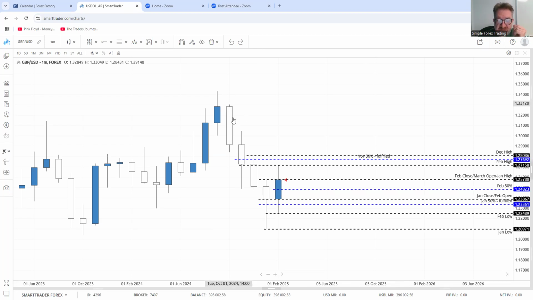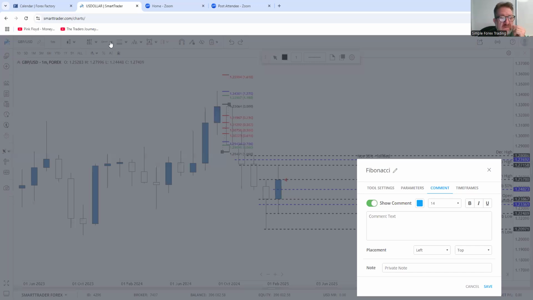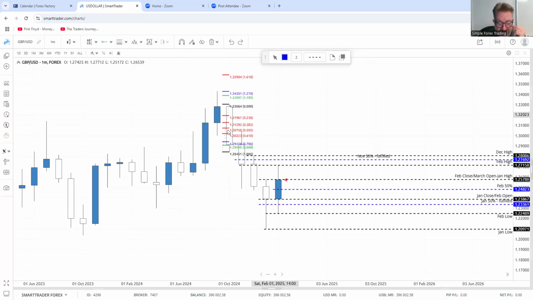Now let's look at this one right here. See if that one's fulfilled. Percent is right there. And we can see that that one has not been fulfilled.